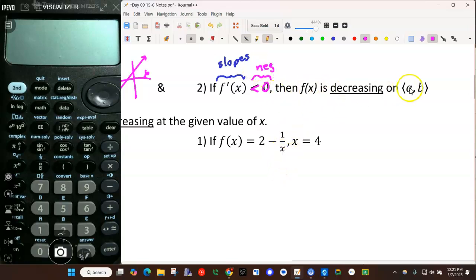That means the function is decreasing. And it could be any type of graph. Like this one I can graph. I'll just do something like this. Right? And this time I'll write, this is A and this is B. Right? So if the slopes are negative, that means it's decreasing. Right? That's all it's saying.